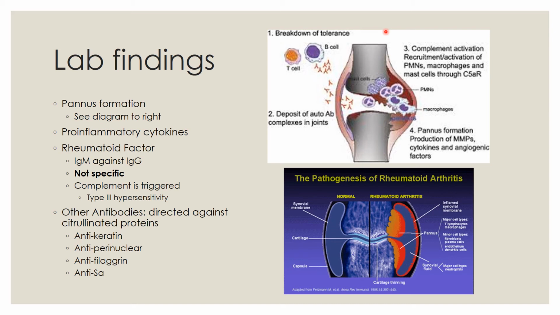Now, what are the purposes of these? Well, we know what the CRP is there to do. It actually is there to bind specifically to lysophosphatidylcholine, which is expressed on the surface of dead or dying cells. So we know that that is supposed to be there in an acute phase reactant.